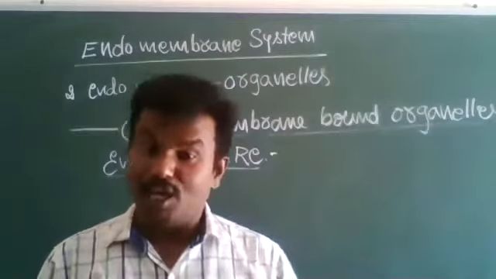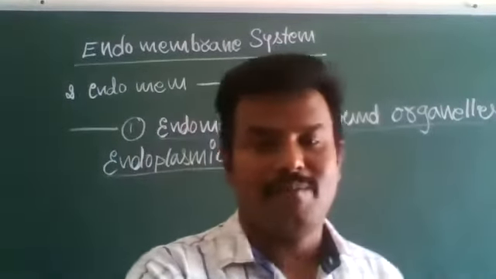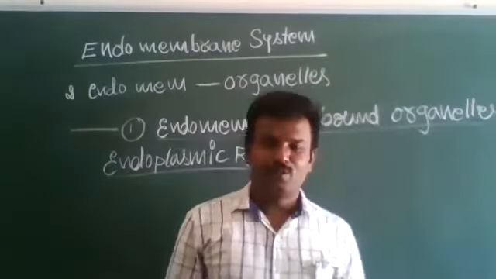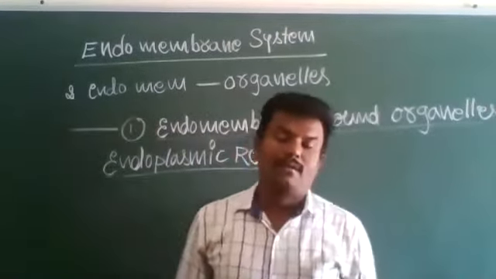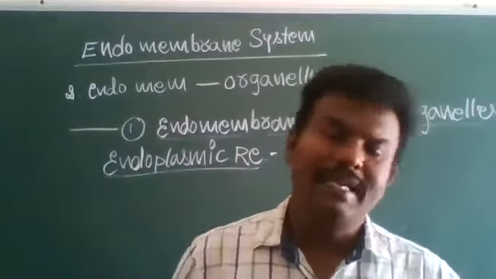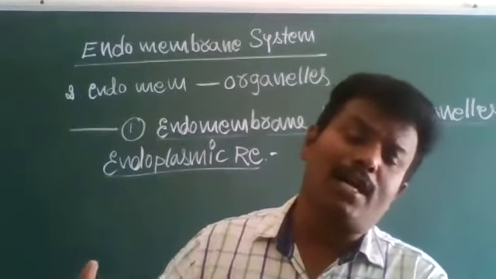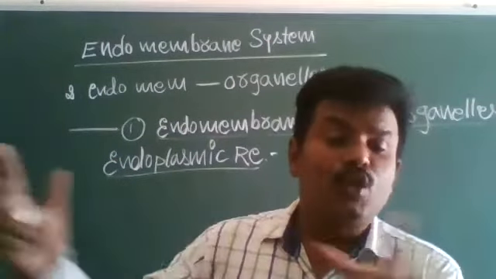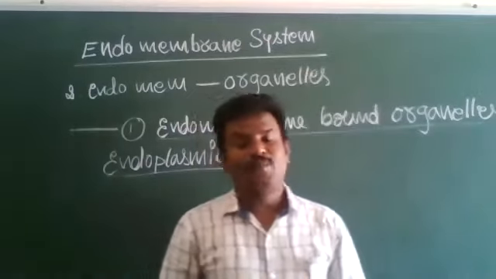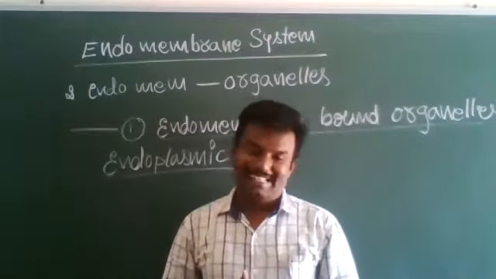Next, non-endomembrane organelles: mitochondria, chloroplast, peroxisomes. Those are called non-endomembrane organelles, because in between chloroplast, mitochondria, and peroxisomes, there is no coordination. That's why these are not considered as endomembrane bound organelles.